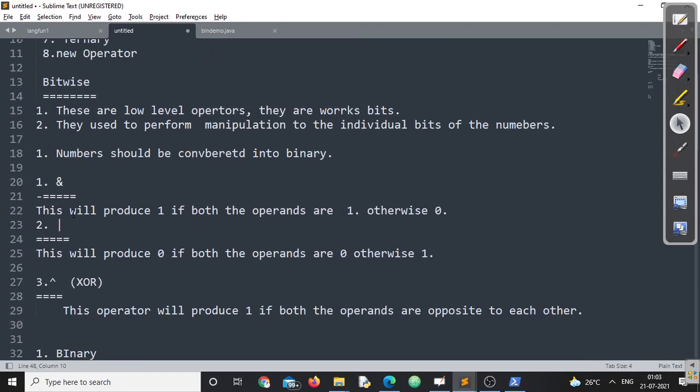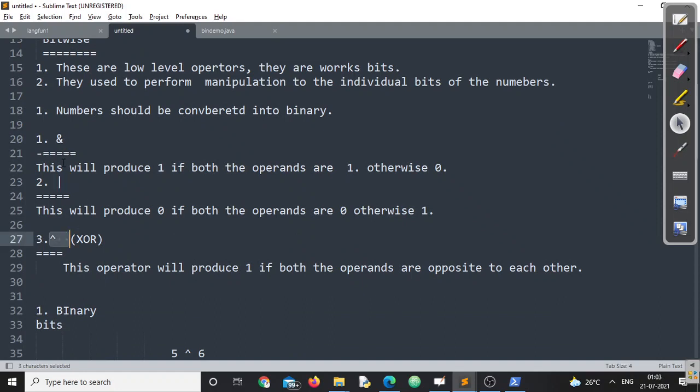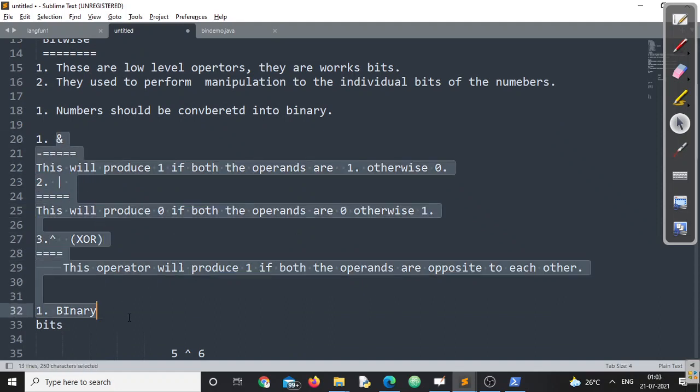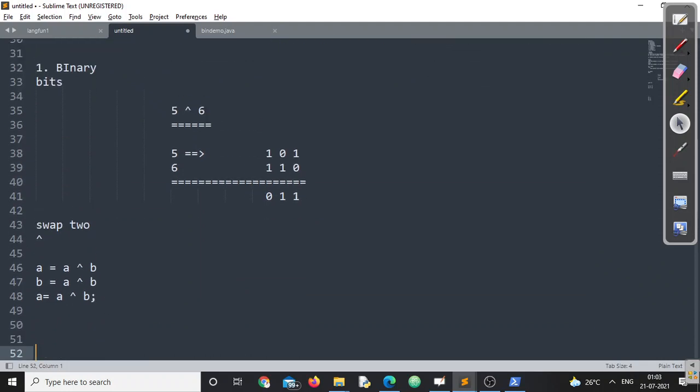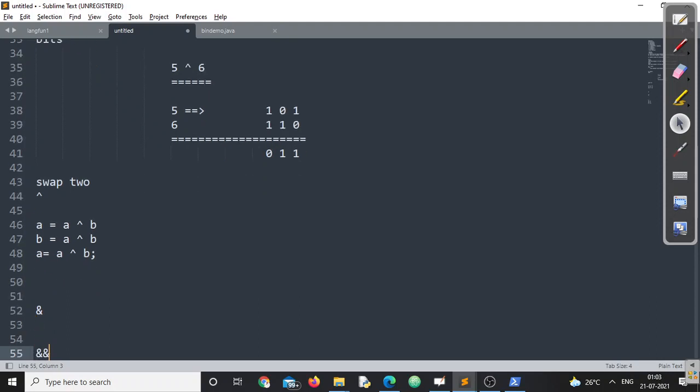Okay. Now bitwise AND, bitwise OR, and bitwise exclusive OR. I think all these three operators are clear to all of you, right? Let me tell you one difference between bitwise AND and logical AND. You should remember these 2 points. If you can recall, at some point of time we have discussed logical AND.